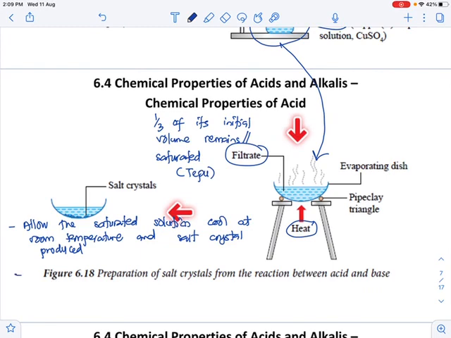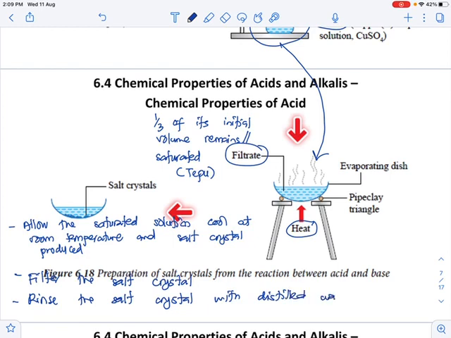When the salt crystals are produced, filter the salt crystals. After filtering, rinse the salt crystals with distilled water.